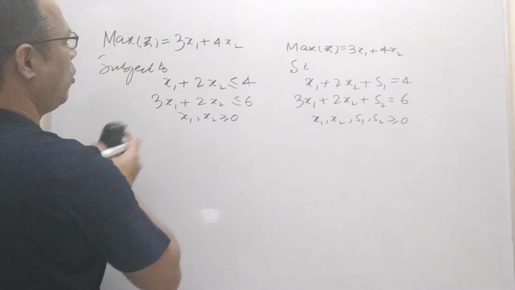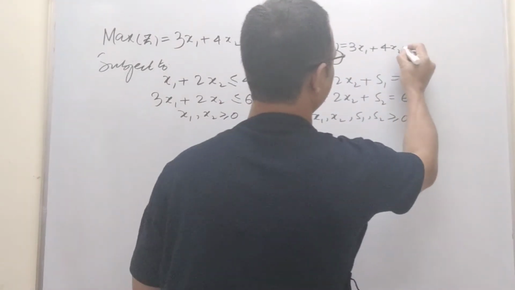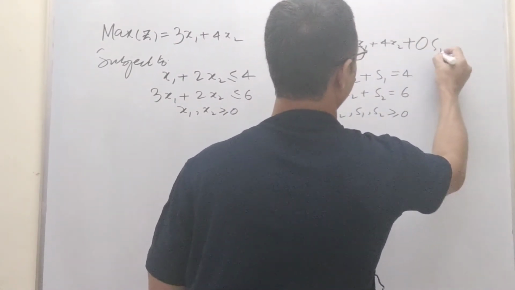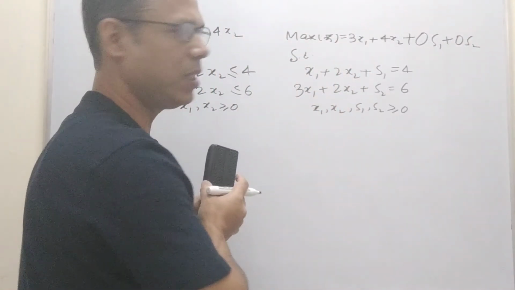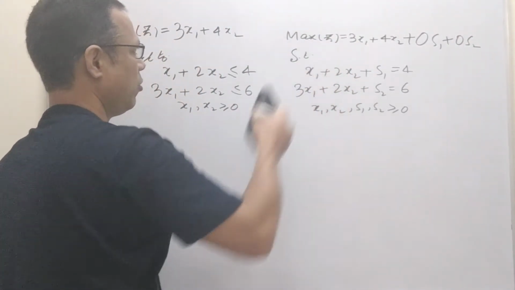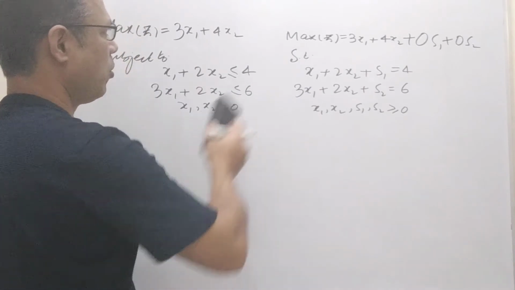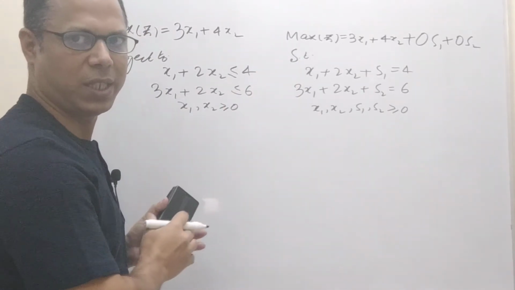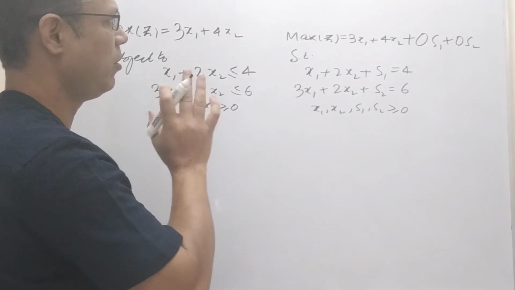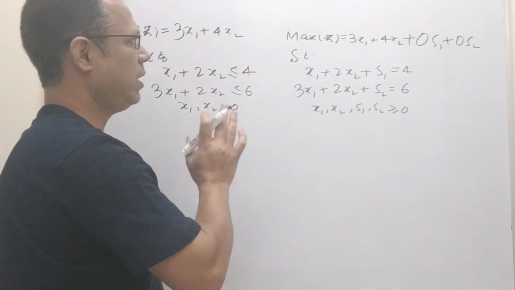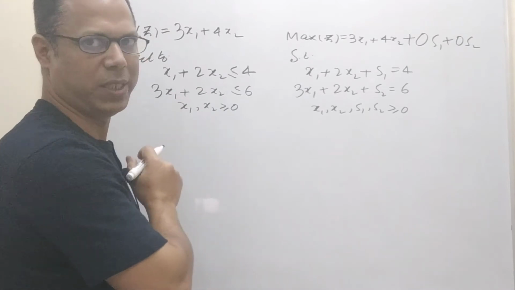Now, because there is no contribution from these two slack variables, we write 0s1 plus 0s2. There is no contribution from the slack variables and the objective function is not going to be disturbed, because the objective function itself is our solution and the solution cannot be changed. Whichever method you apply, the answer will be the same.